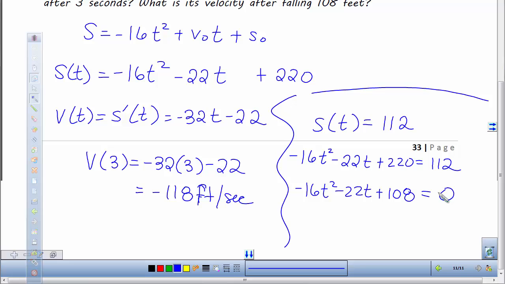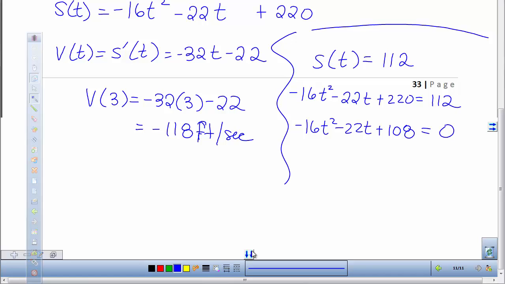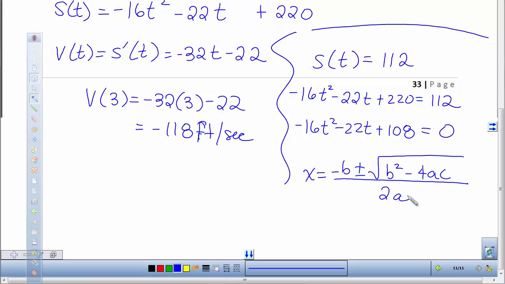It's a quadratic equation, so I'm going to use the quadratic formula if I don't know how to factor it. Quadratic formula, if you're not familiar with that, put that on your list of things to refresh. x equals minus b plus or minus the square root of b squared minus 4ac all over 2a.